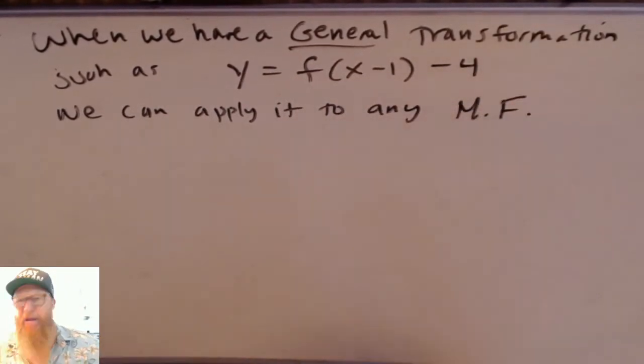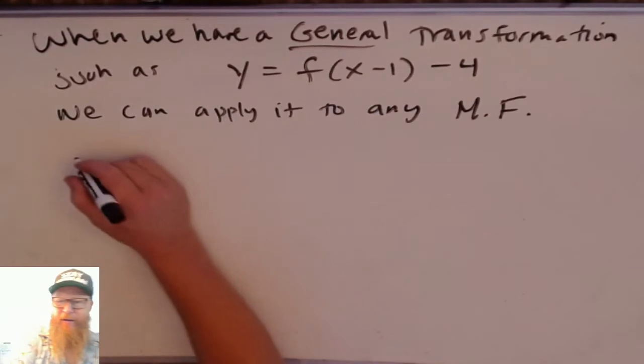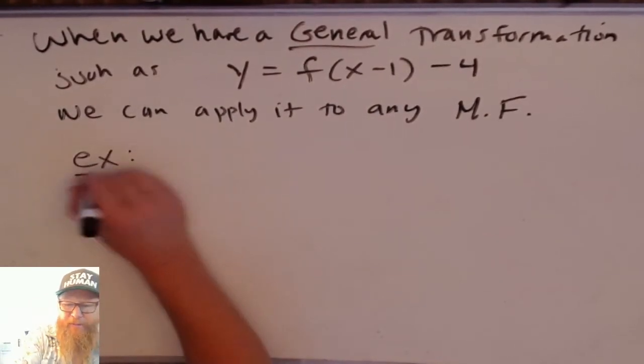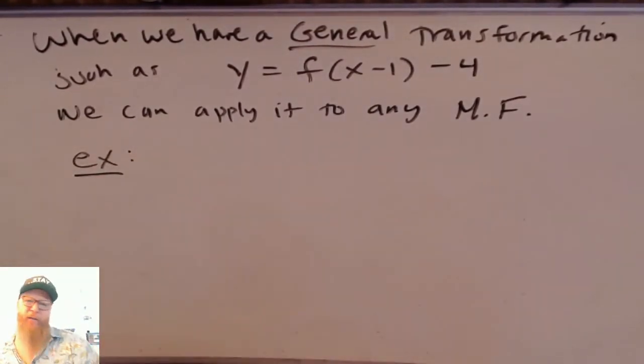I'll call it an MF, any MF. For example, and I'm not numbering this one because this is really just me talking to you a little bit before I do the next problem.